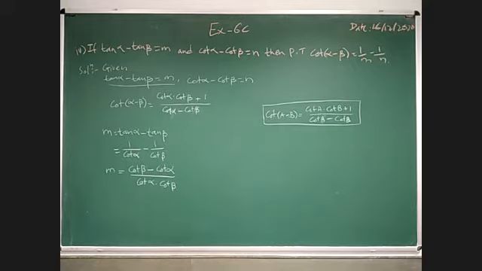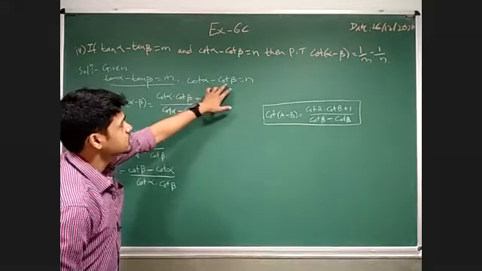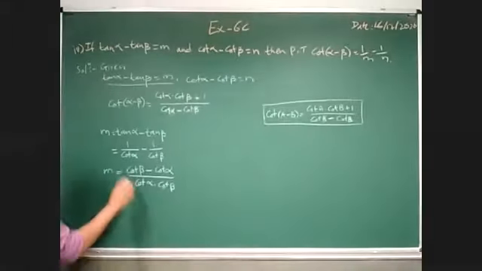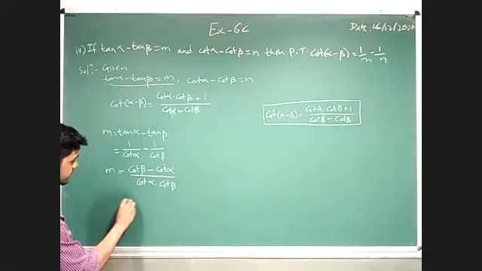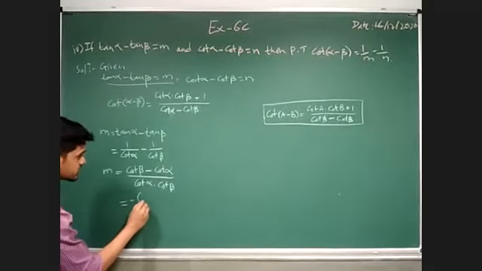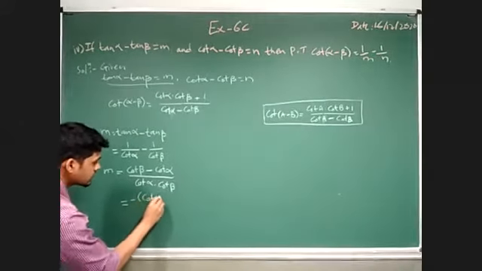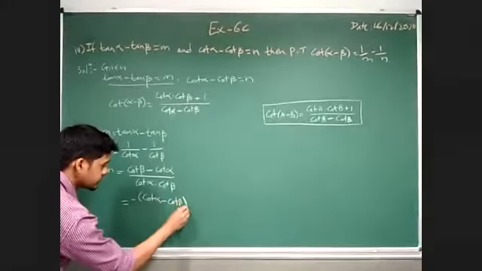Okay, so I understood. Just see here, boys. The given thing is cot alpha minus cot beta. Okay, but here I have cot beta minus cot alpha. So if I am taking minus common, I can write minus of cot alpha minus cot beta, right?